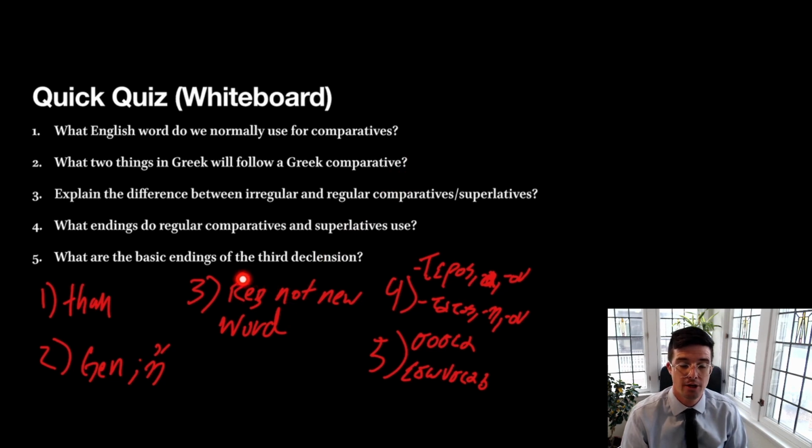A regular one will not have a different word altogether, but will be formed with these endings: teros, tera, teron, and tatos, tate, taton, and then inflected for case and number. And then a sort of review, a throwback to our basic endings of the third declension.